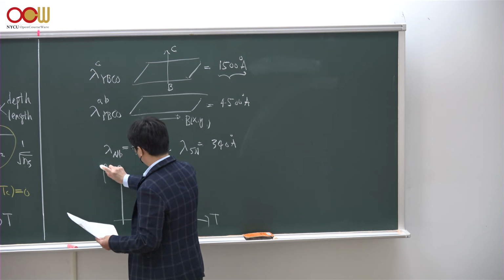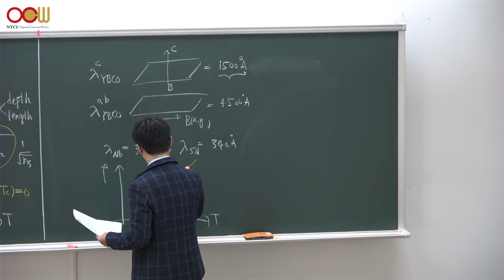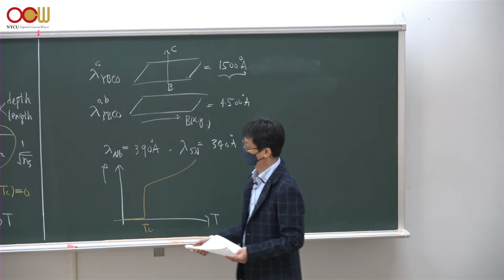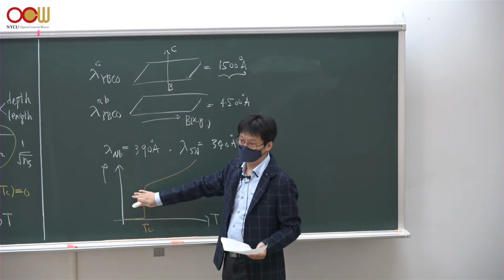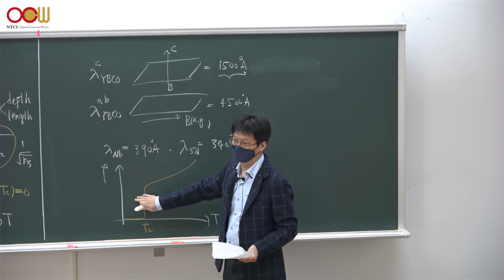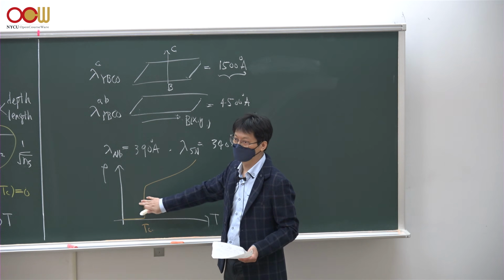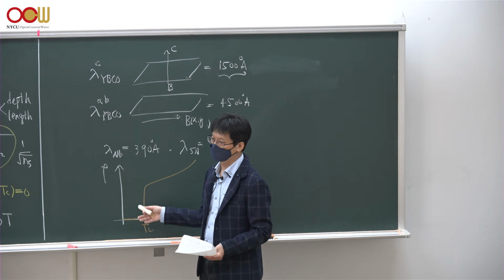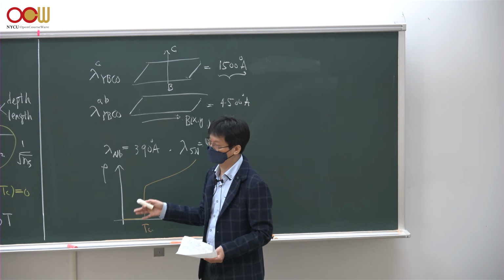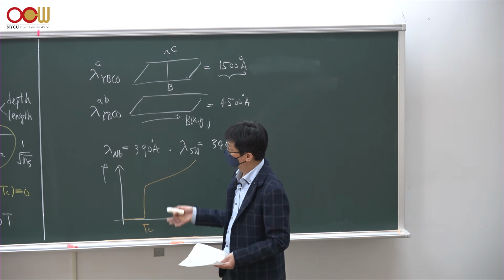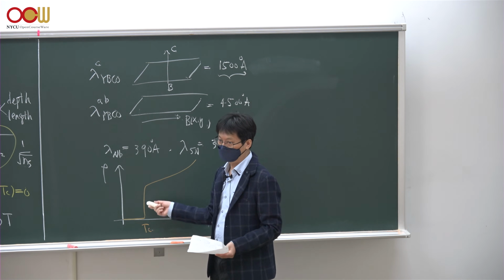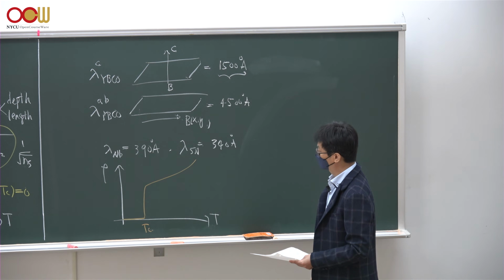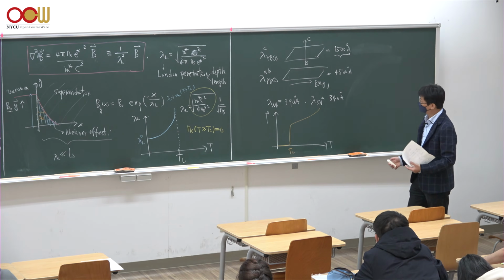So this is resistivity, and this is Tc, but we don't have time to really derive from the pure quantum mechanical theory, namely the BCS theory, that there is indeed no resistivity once the electrons are in the superconducting state, which shows the Meissner effect. But this is a consequence of Cooper pairing. Good, so let's take a short break.